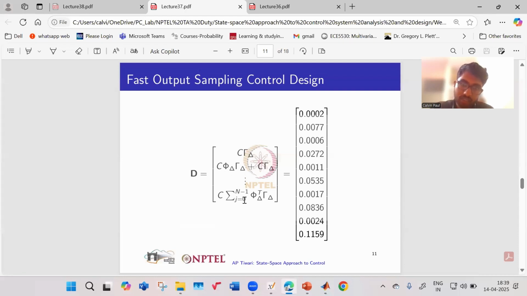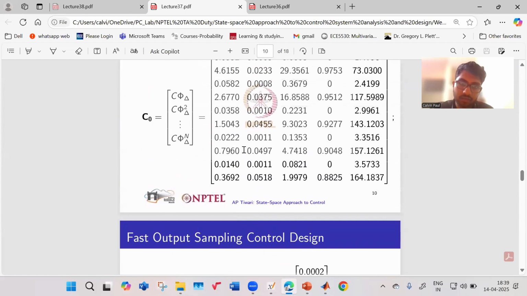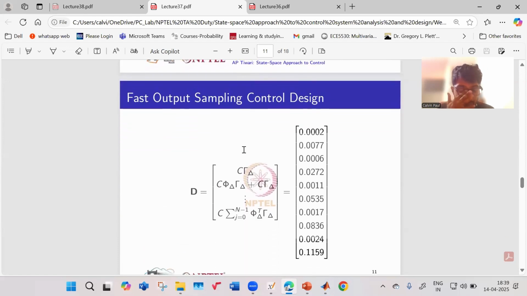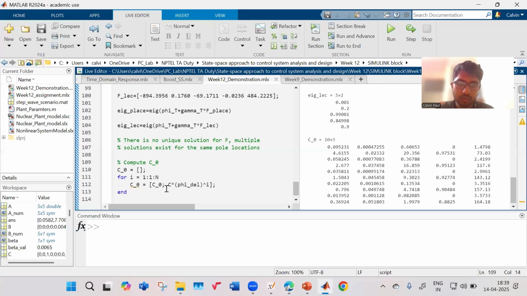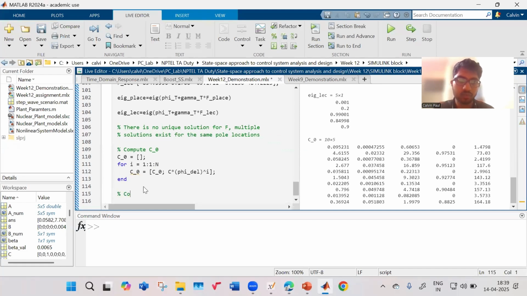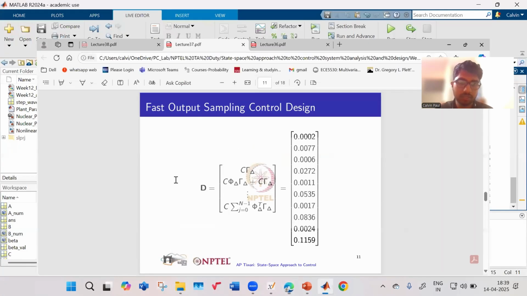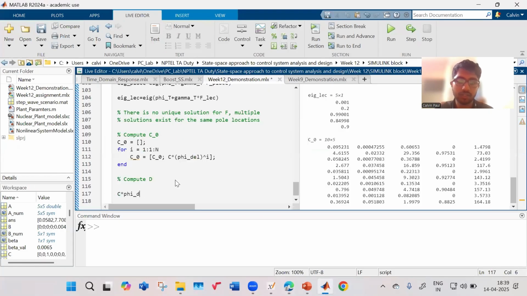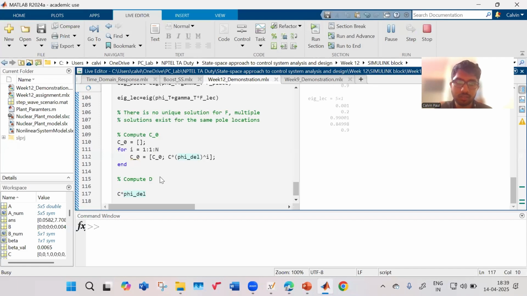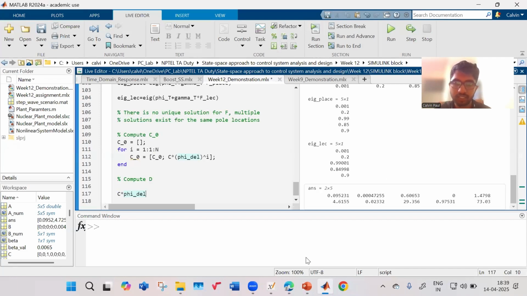So C is common, summation of j equals 0 to n minus 1, phi delta transpose into gamma. Okay, so let's calculate.